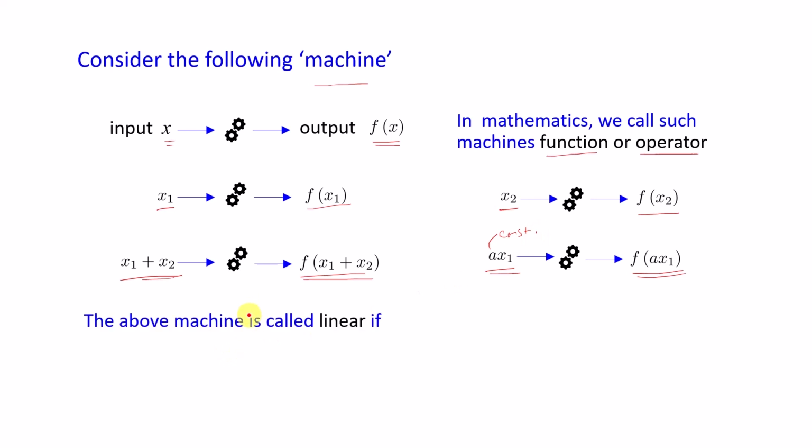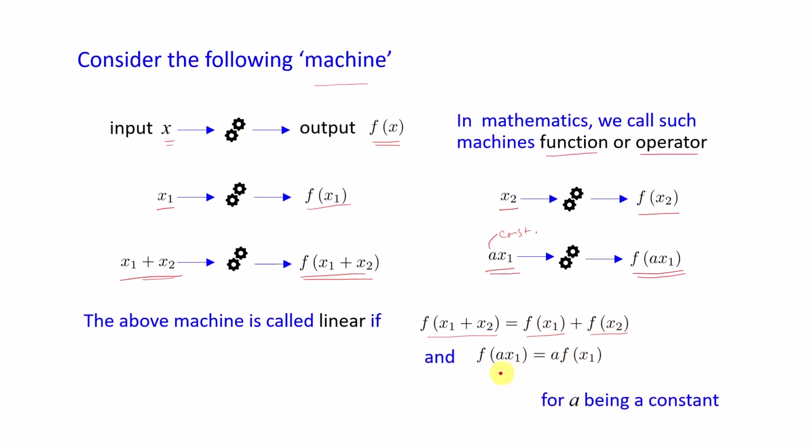Now, we call this kind of machine a linear machine if f of x1 plus x2 is equal to f of x1 plus f of x2, and f of a x1 is equal to a times f of x1, for a being a constant. In general we cannot say that this is true.